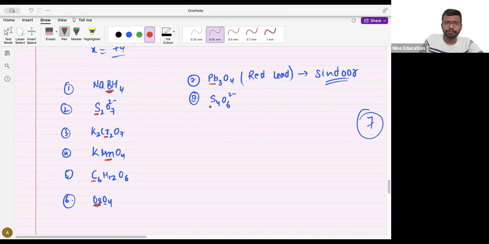S4O6 2 minus. Find for sulfur. Let's say we have Na2SO4.